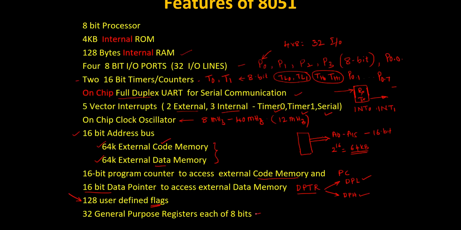This is what we call a register bank. So R0 to R7 in each bank, and totally we have 4 banks. So that's 4 into 8, totally 32 general purpose registers.